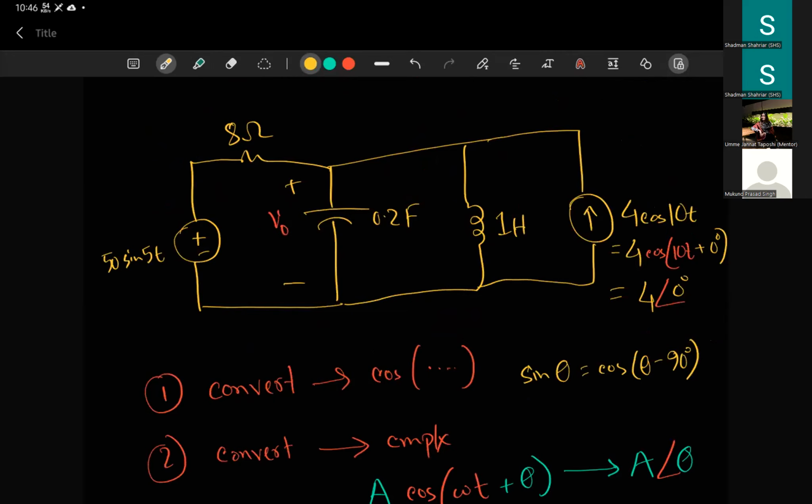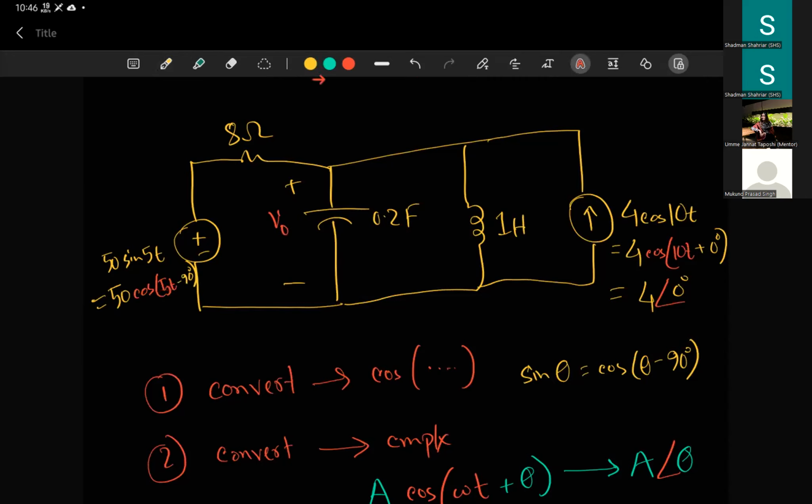So let me write it: 50 cos 5t minus 90 degree. This is after your first step. Now you have cos 5t on one end and cos 10t at the other end.